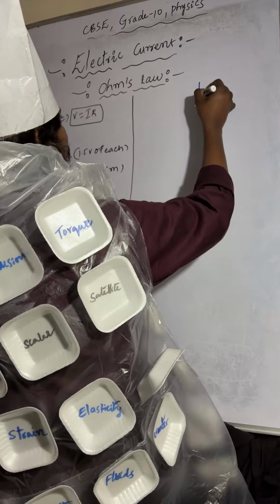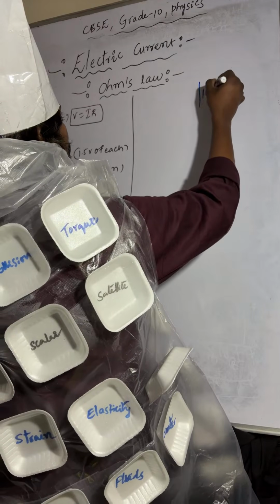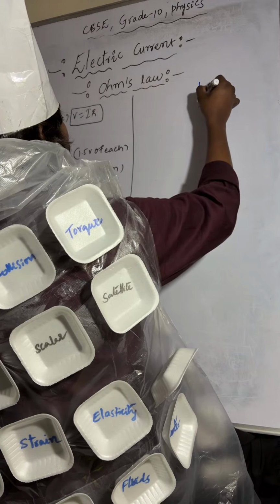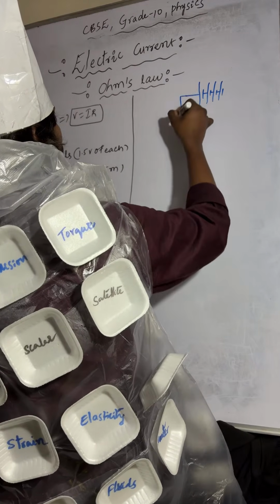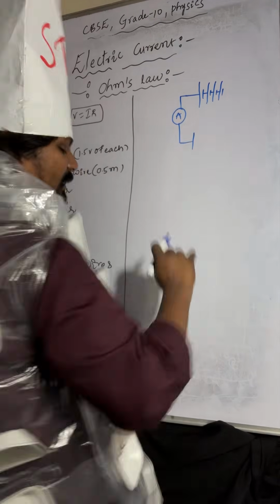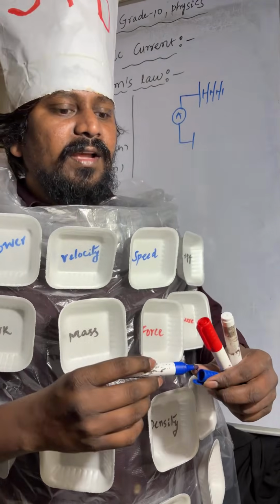I'm taking 1, 2, 3, 4 cells. Then the ammeter. Next, a resistor we have to connect.